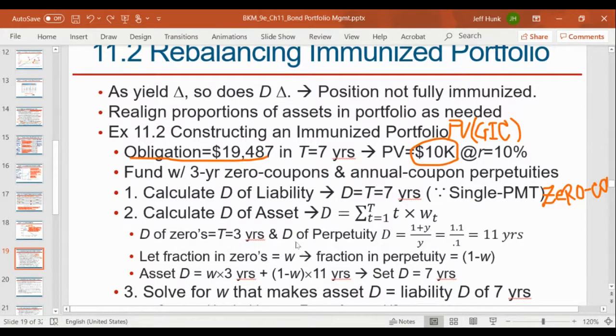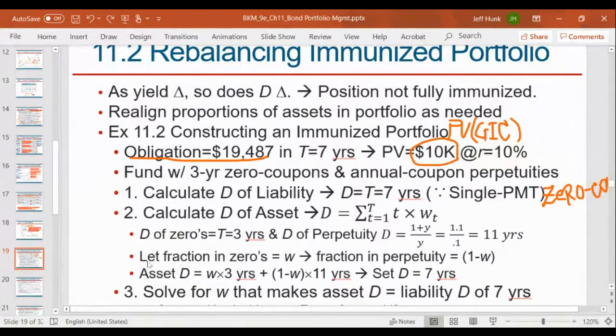But for the duration of a perpetuity, we know the formula is (1 plus y) over y, which is 11 years. So then with 3 years and 11 years, the weighted average of these two has to be equal to 7 years.